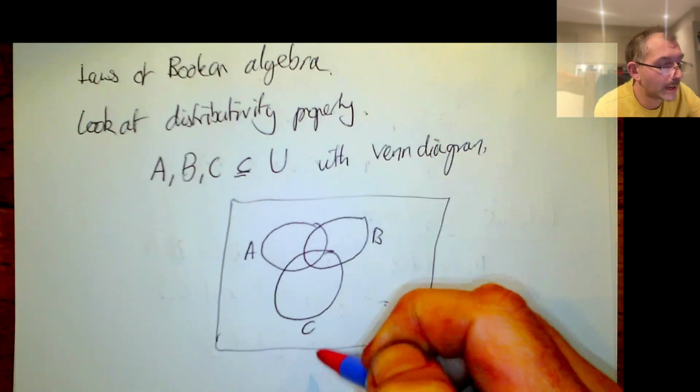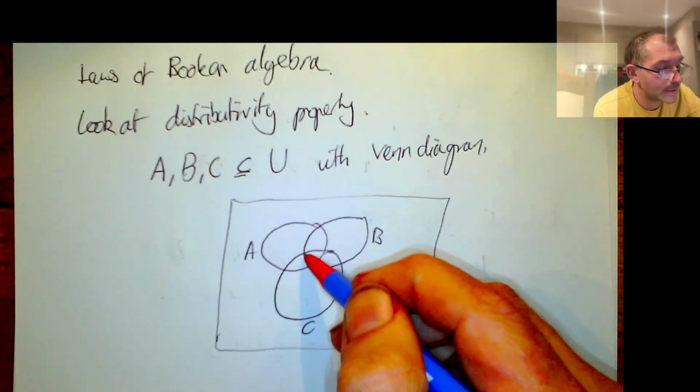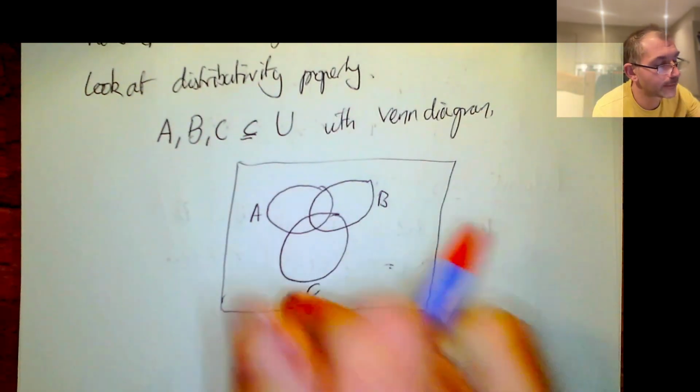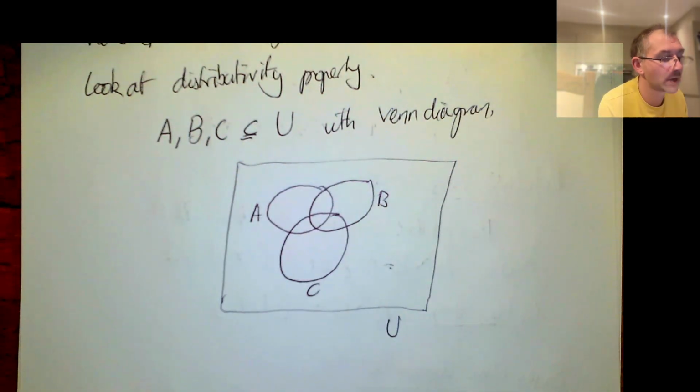I could have all the elements that are in A and B and C. This would be this little intersection here. If you add those up, you can see you get 8 different areas of this shape. So what we want to do with distributivity is to see how some of these areas can interact with each other.